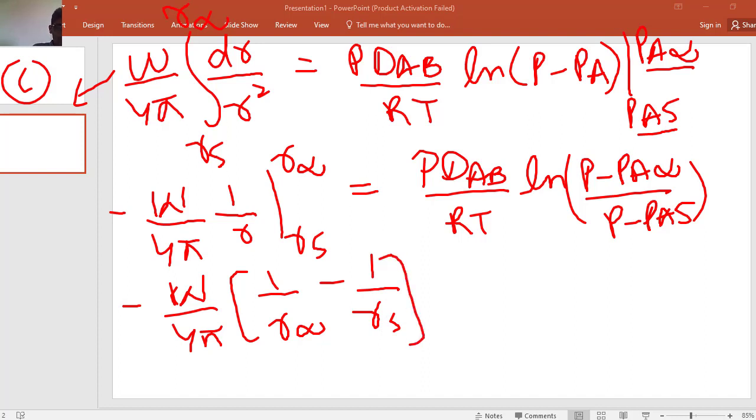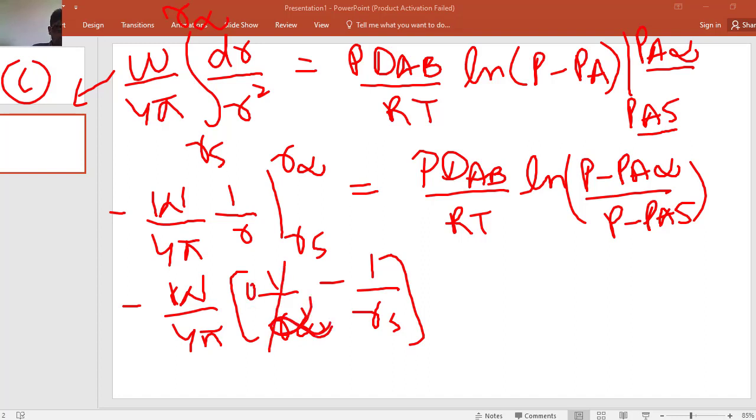As we know, R infinity is very far away, it is nothing but infinity, and 1 divided by infinity is equal to 0.